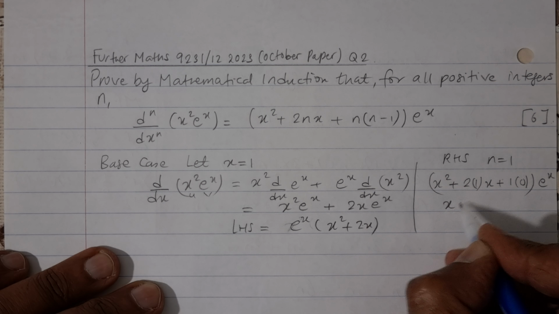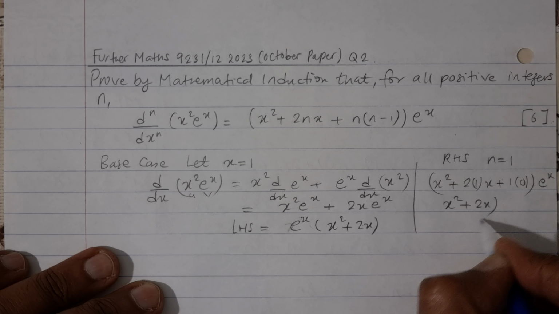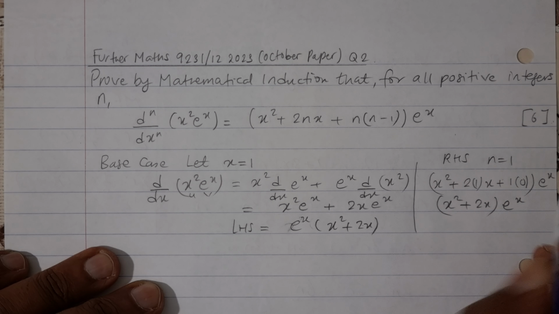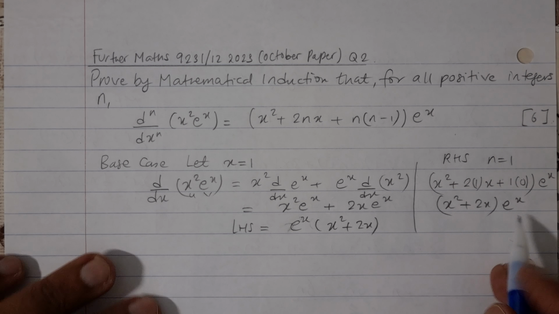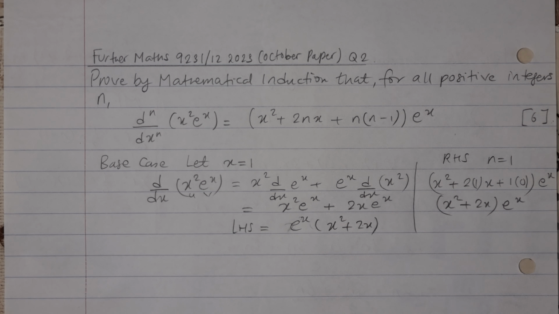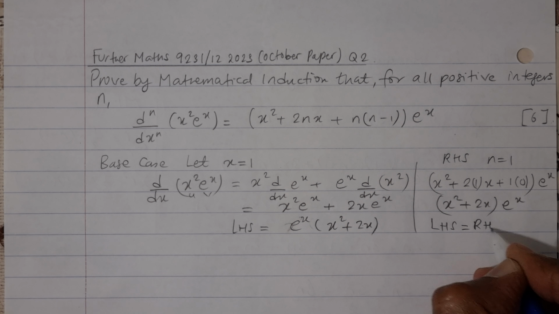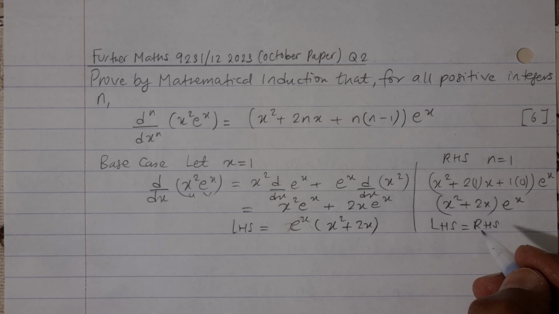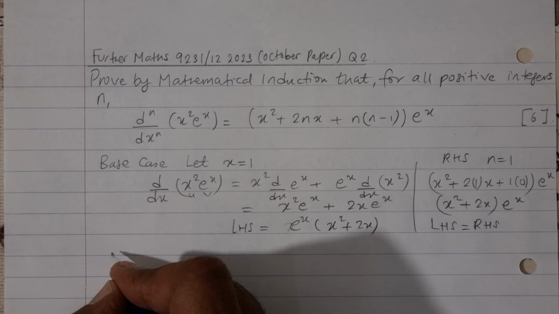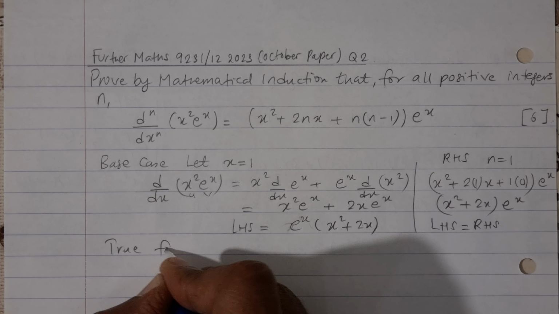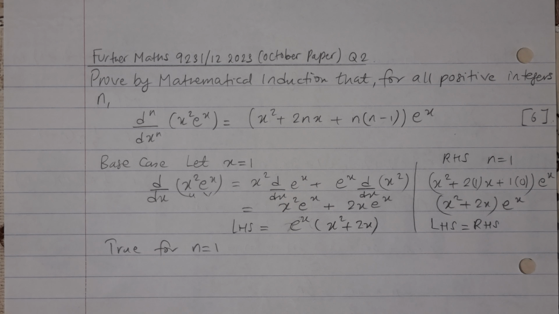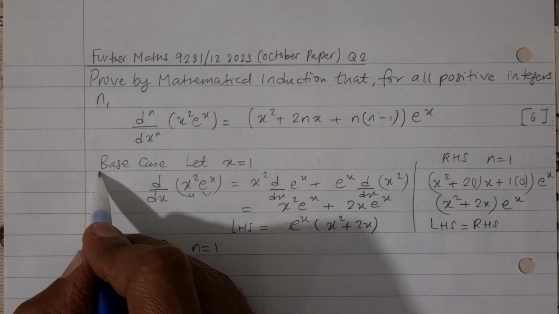So basically we have x squared plus 2x times e to the x. This is exactly the same as that. So we can see that the left-hand side is equal to the right-hand side. So if that's the case, then it's true for n equal to 1.